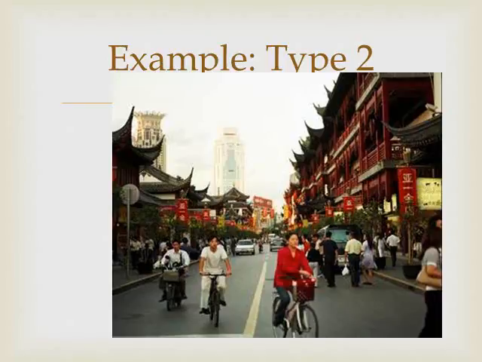Once again, the main focus, the main idea, is you've got a street in Chinatown, a traditional Chinese street somewhere in a city. The main idea is probably going to be the two bicyclers and motorcycler going down the street because they're closest. Or it would be the traditional buildings, one of the two.